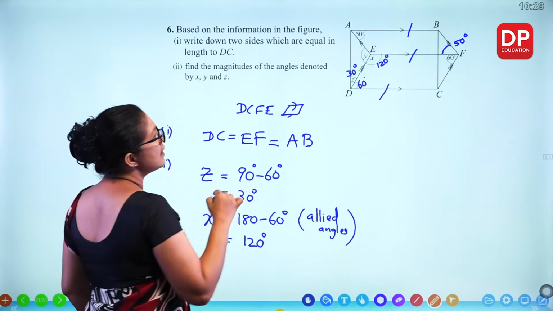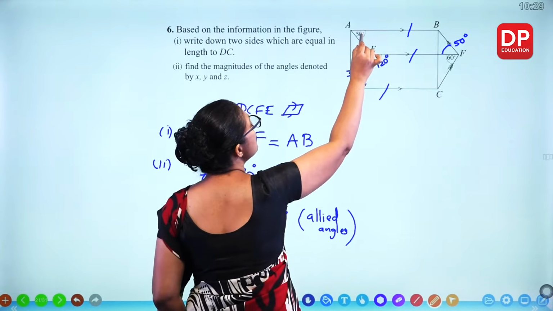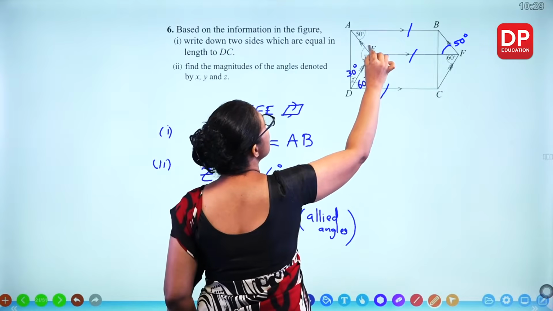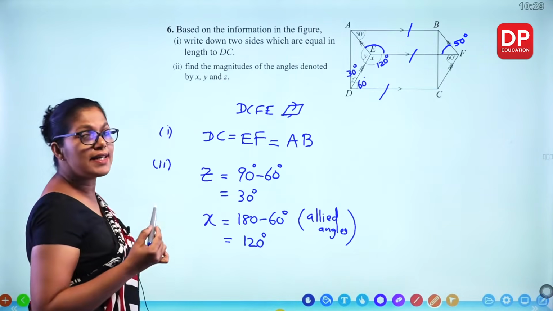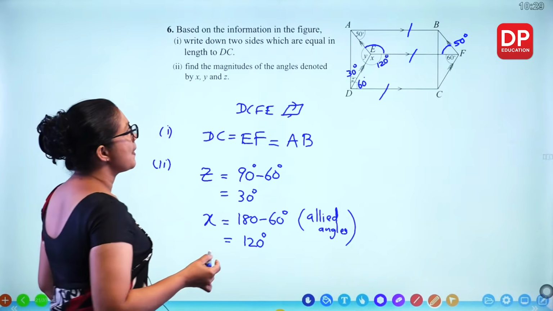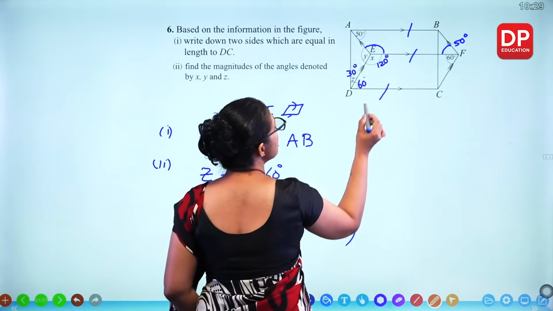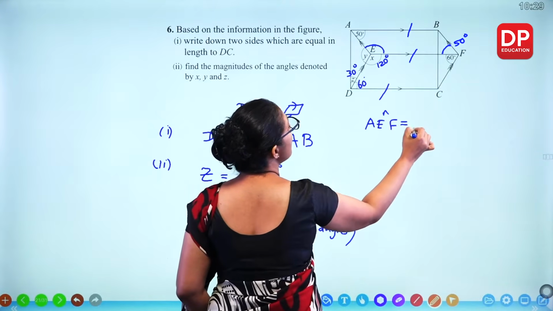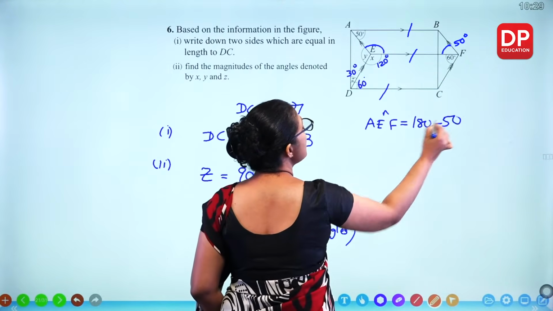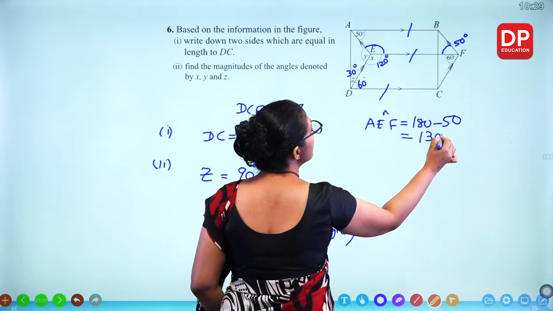And this one, if this is 50, what is this angle? This angle is 180 minus 50. What's this one? AEF angle is 180 minus 50. That's 130.